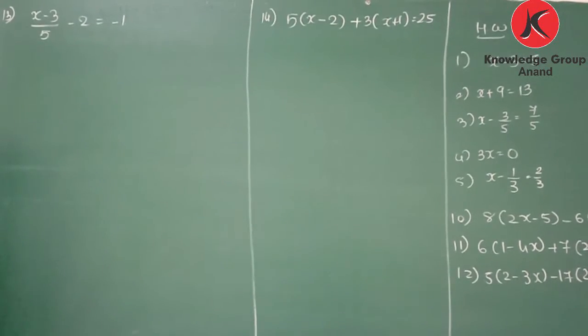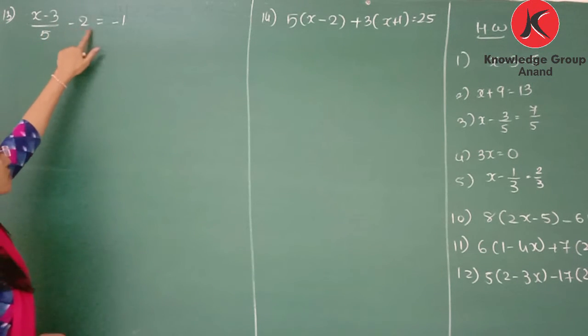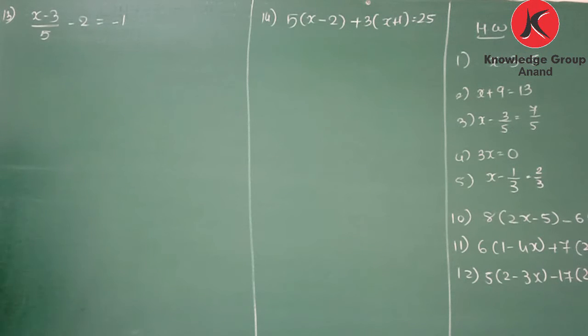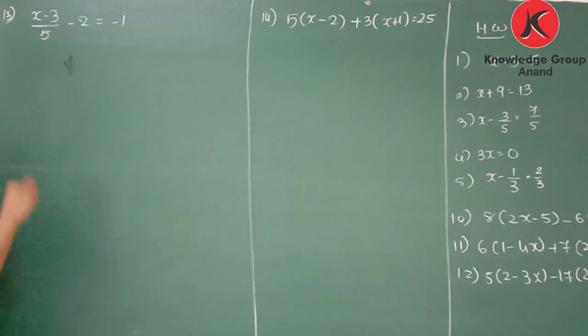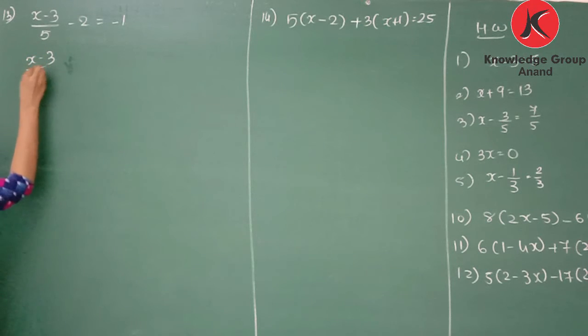Now let's take the next example. (x minus 3) divided by 5 minus 2 is equal to minus 1. Now here you can see 5 is in the denominator of x minus 3. So first of all we get 5 here also. Here we have denominator 1.